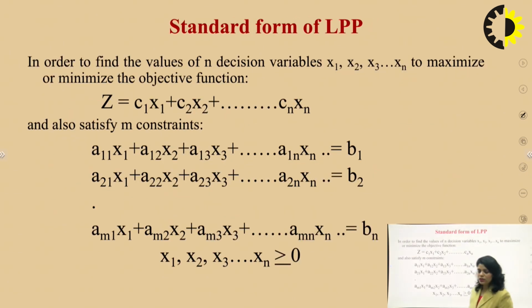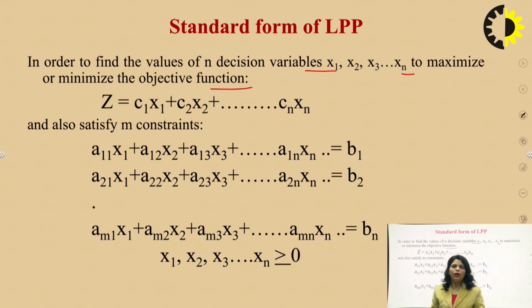Now we come to the standard form of LP. In the standard form, we find the values of n decision variables x1, x2, x3 up to xn to maximize or minimize the objective function.